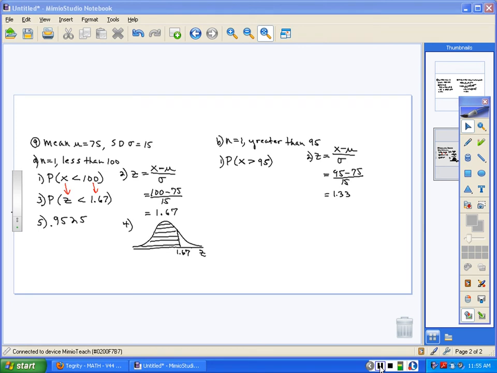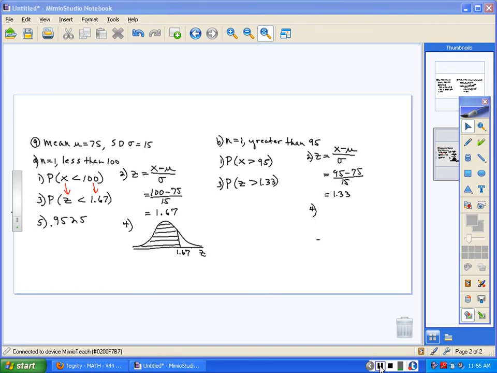And then we go back and we rewrite the question in the z world. So it's probability z is greater than 1.33. Again, x is replaced by z, and 95 is replaced by 1.33.